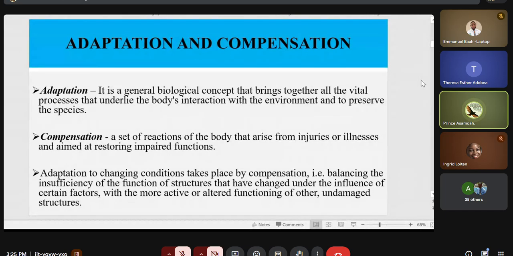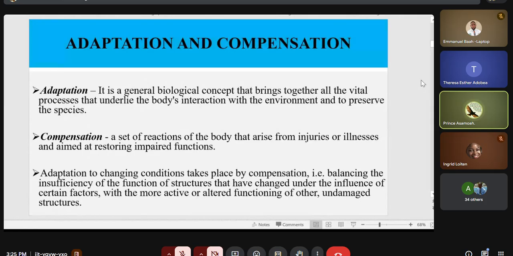And the cell, before it finally gives up, it must adapt. Now, during adaptation, the cell is trying to make sure that it doesn't die or encounter injury, even though there's a stressor against it, a factor that is warring against it.